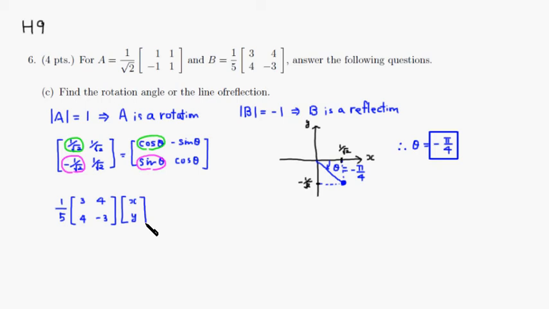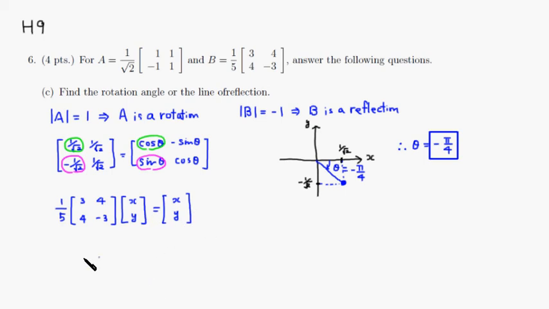This is going to be equal to the original vector, since we're thinking that this vector is on the line of reflection.